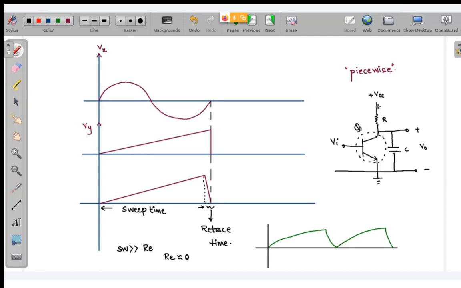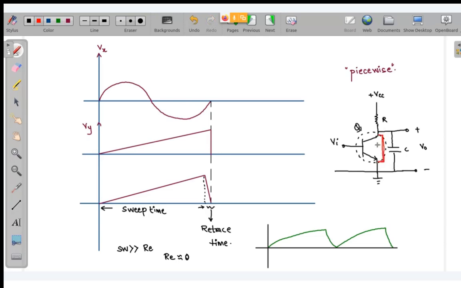So while it is in saturation, what will happen? Your capacitor will discharge. Why? Because when it is in saturation, we know that there is a low resistance path between your collector and emitter.